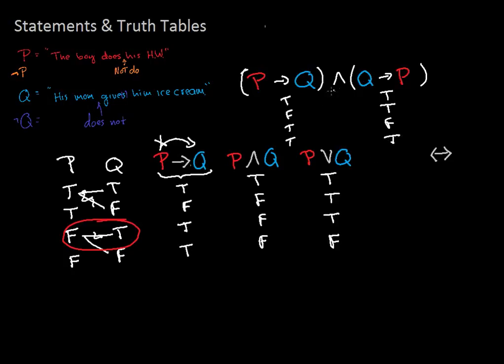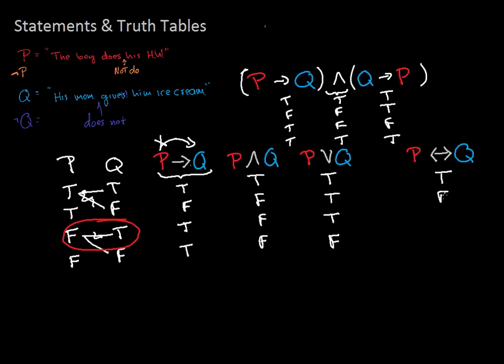Now, we're going to evaluate the and between these two statements. True and true is true. False and true is false. True and false is false. True and true is true. So for P if and only if Q, true, false, false, true. That is our evaluation.